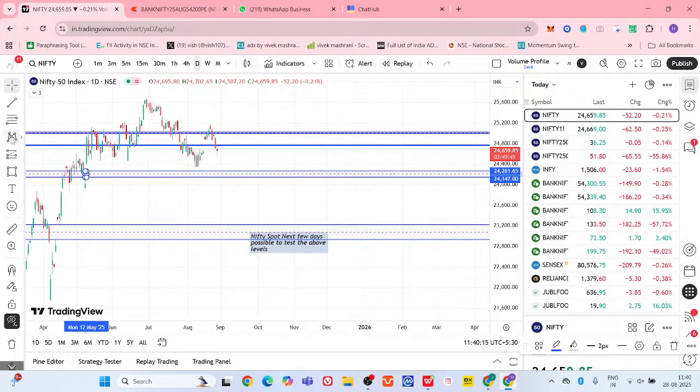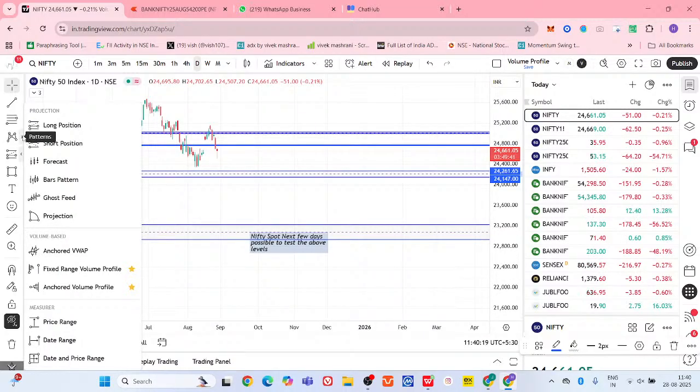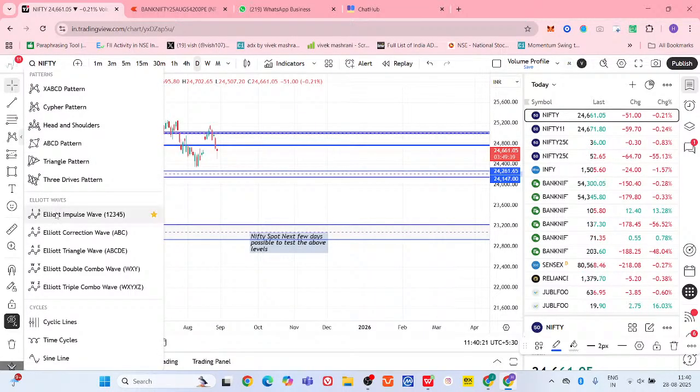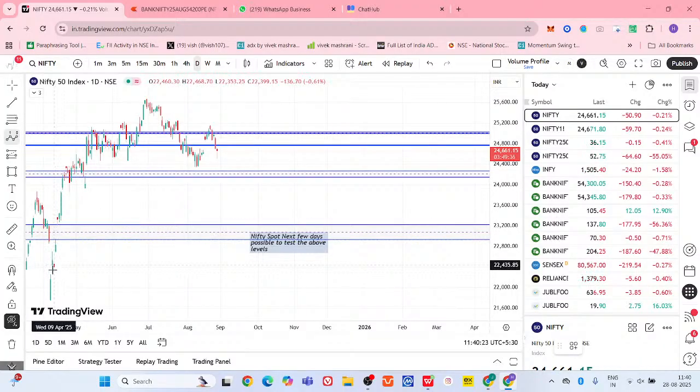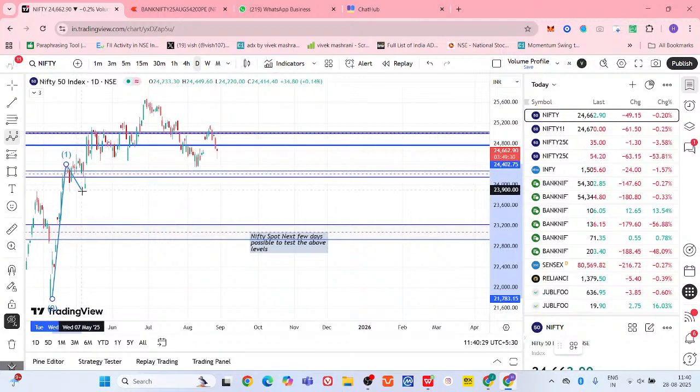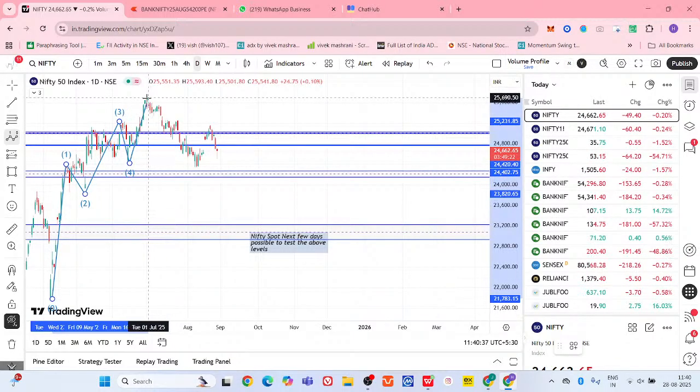So where is this Elliott wave? I don't know. Impulse. Okay, let me see. This is a strong impulse to 4, 5.